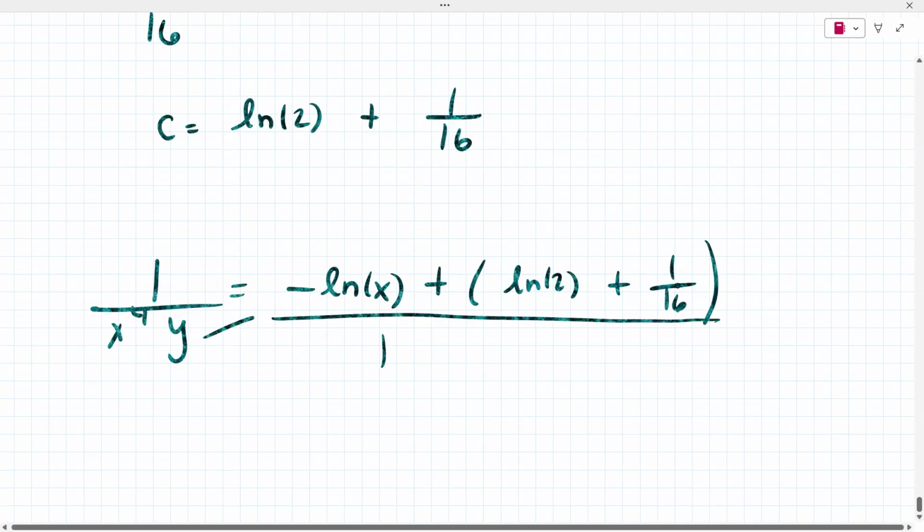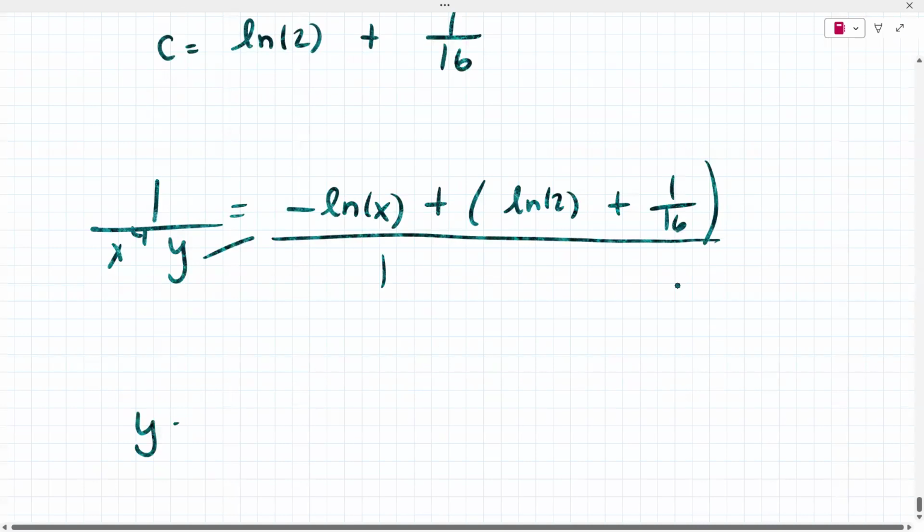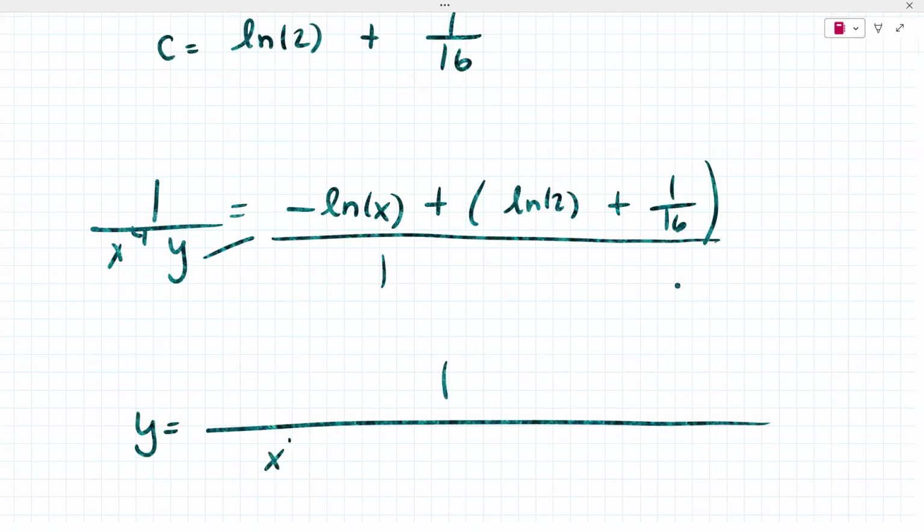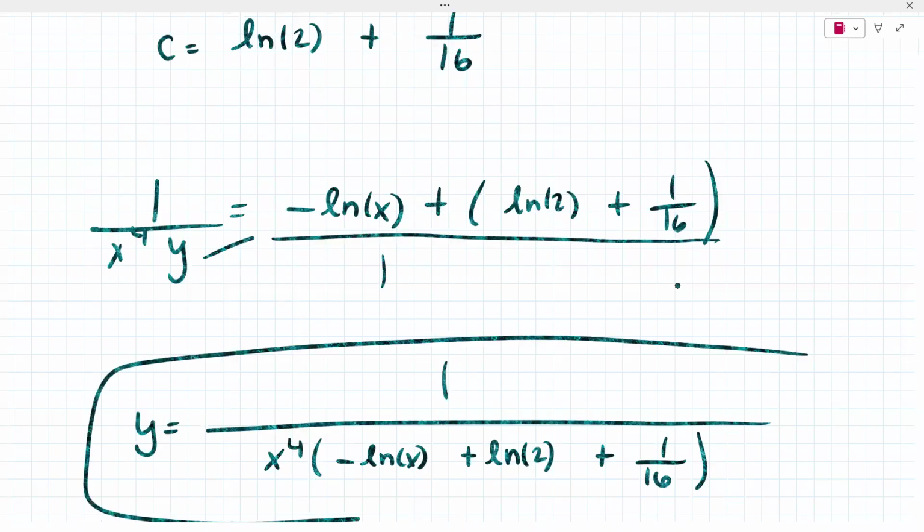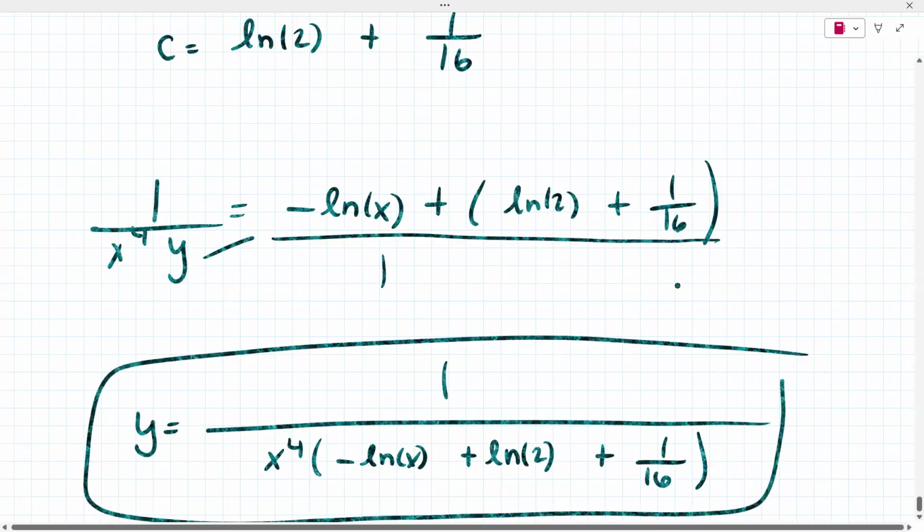When you cross multiply and solve for y, you're going to get y equals 1 over x to the 4th, parentheses, negative ln of x plus ln of 2 plus 1 over 16. And here's your final answer. Okay, well, we'll stop here.